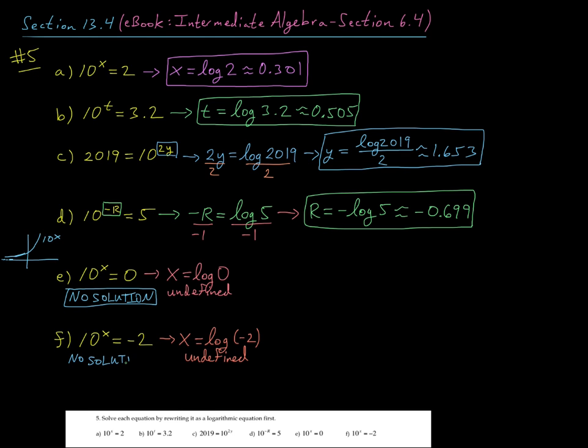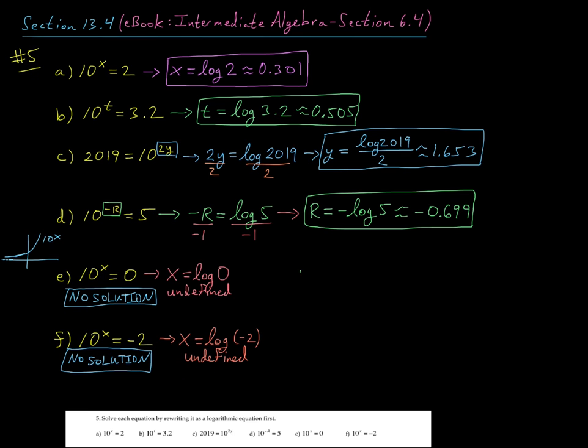And why is that? Well, now we're saying, can I raise 10 to some number and get out a negative 2? According to the log, the answer there is no. And it goes back to this exact same thing, right? If I raise 10 to any power, whether it's a positive number or a negative number, I cannot get a negative output from that operation there. So in fact, this has no solution.